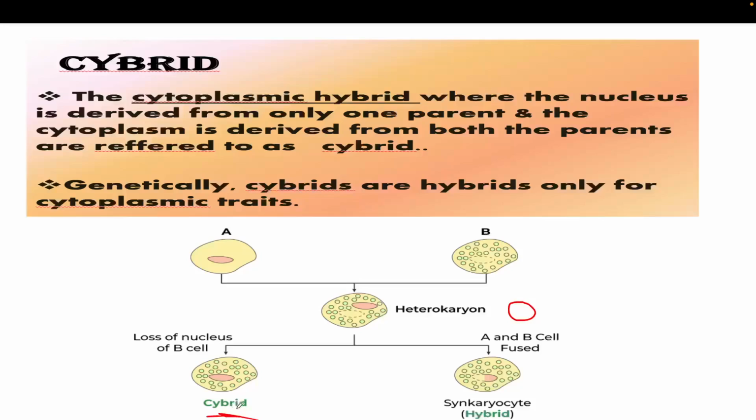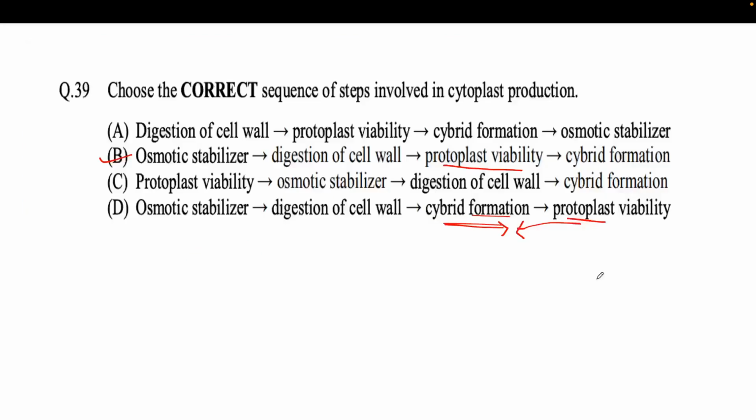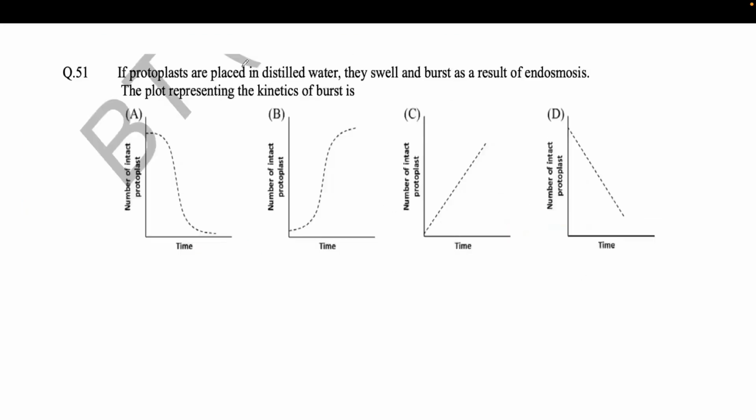Just the mechanism of fusion is different. In the somatic hybrid you are fusing two complete cells, but in the cybrid you are fusing a cytoplasmic cell which has no nucleus to one cell which has the nucleus plus cytoplasm.